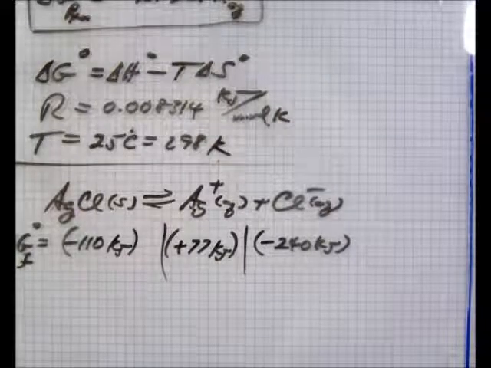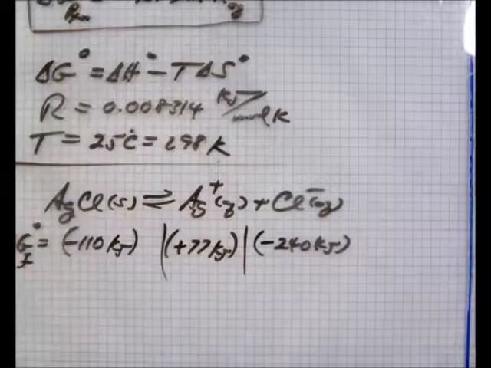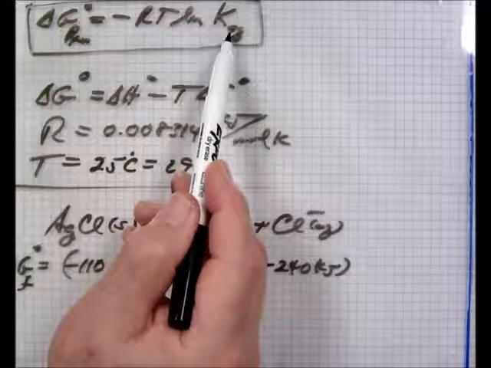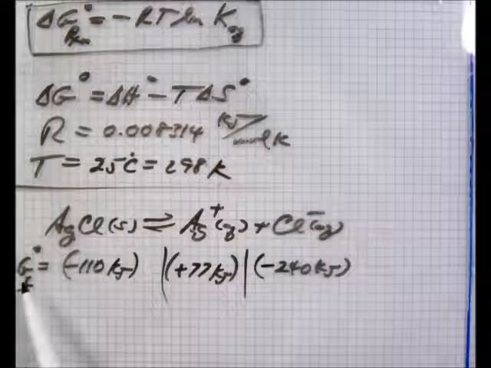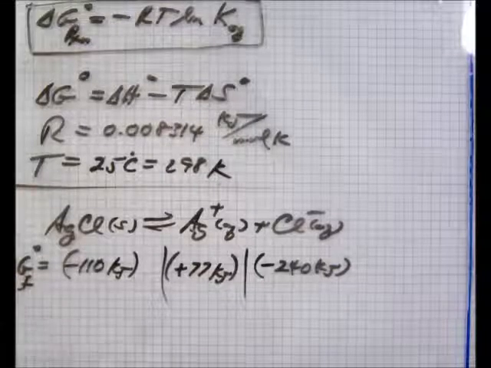Okay, so we've got some numbers now, and we want to apply this to this equation and determine what the equilibrium constant or solubility product constant is using data right out of the back of the book. We don't have to go to the lab and calculate it.